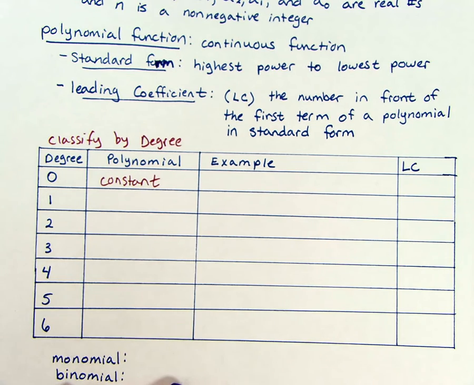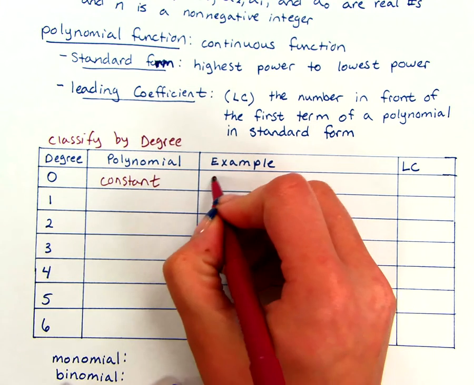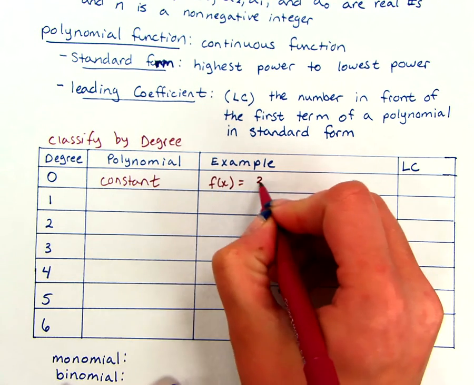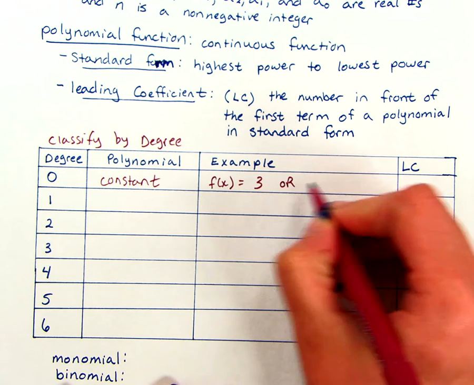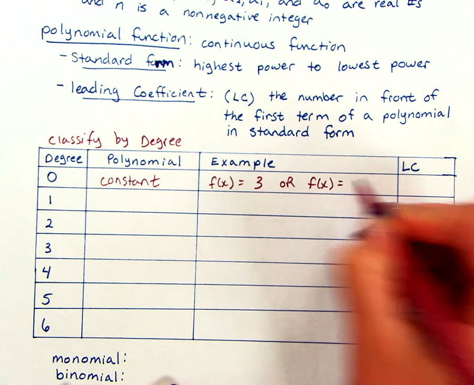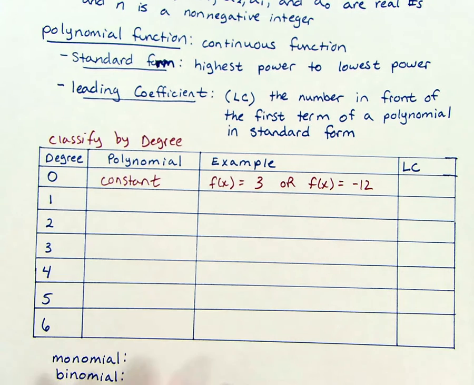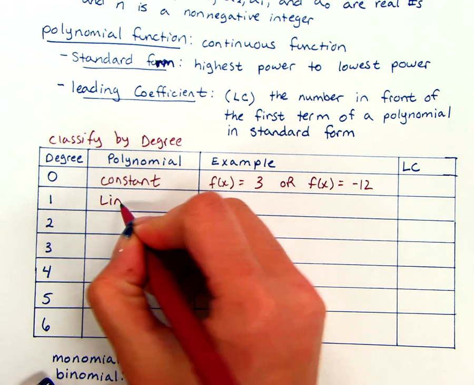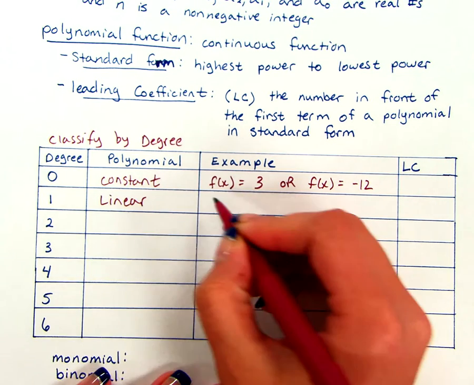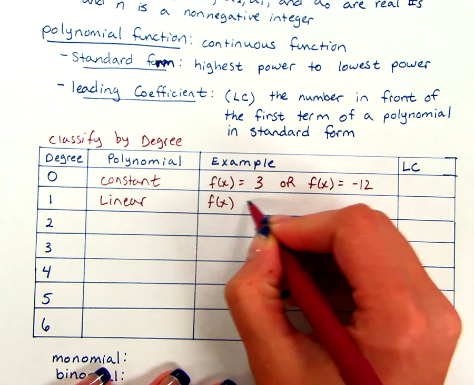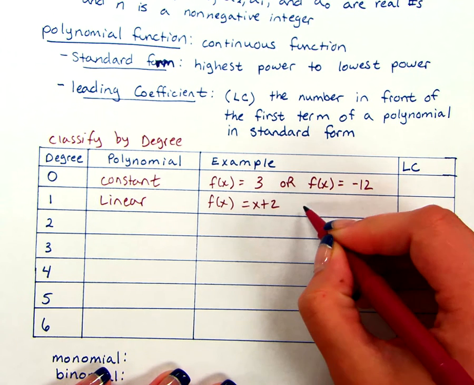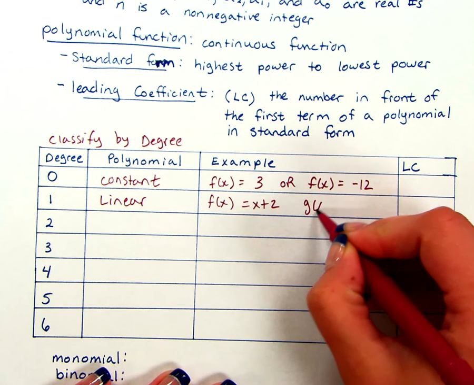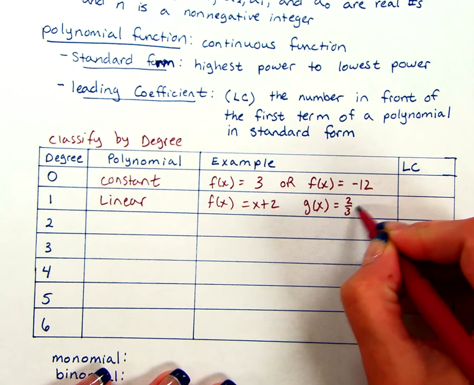We would see something like f of x equals 3, or f of x equals negative 12. Those are examples of a constant, when we don't even have a variable in the equation. If we have a degree of 1, these are our linear equations. We could have something like f of x equals x plus 2, or g of x equals 2/3 x minus 1.